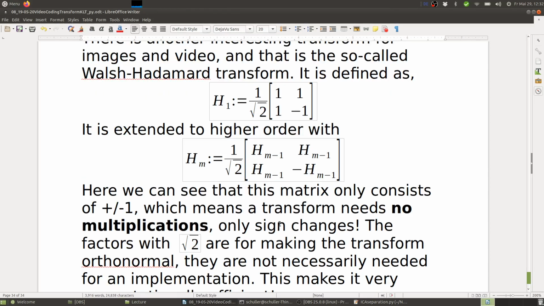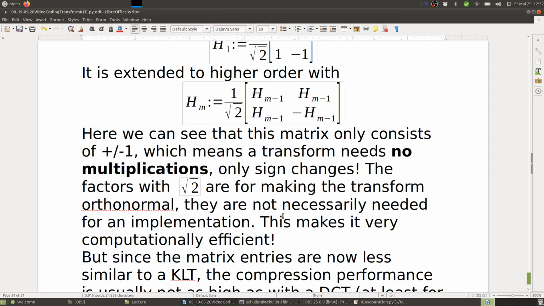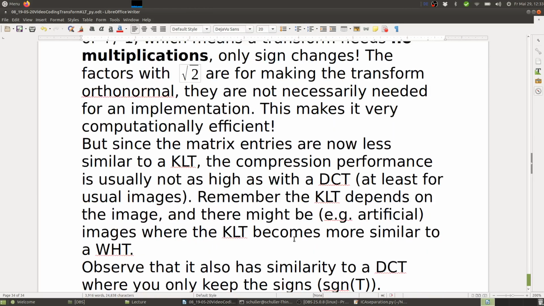Which means no multiplications, only sign changes. And the factors with square root of 2 are for making the transform orthonormal, but they are not necessarily needed for an implementation, right? We can always do it in the end. This makes it very computationally efficient.